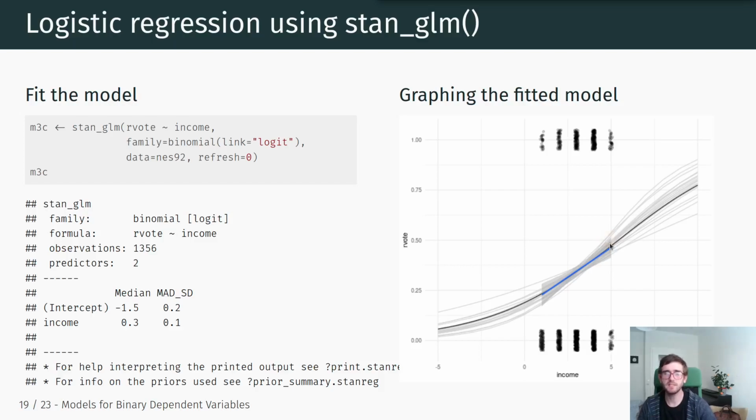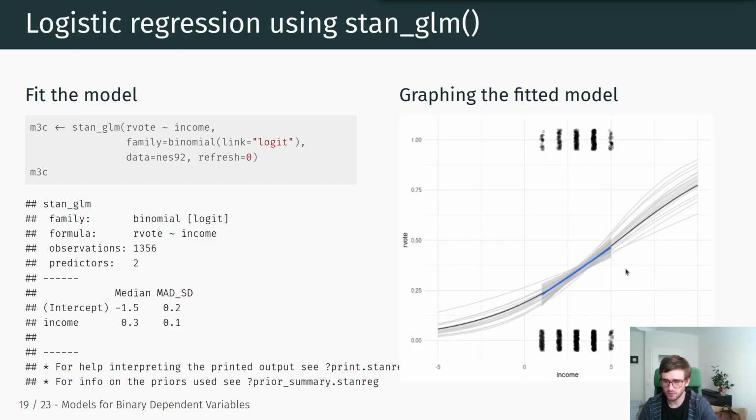And then for any additional substantive interpretation, ultimately what we have to do is compute the probabilities directly rather than relying on our coefficient and our linear predictor. So we have to plug them into our link function and actually compute our quantities of interest to give it a more exact substantive interpretation.